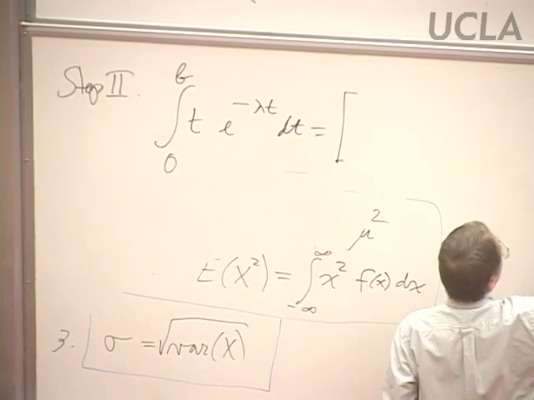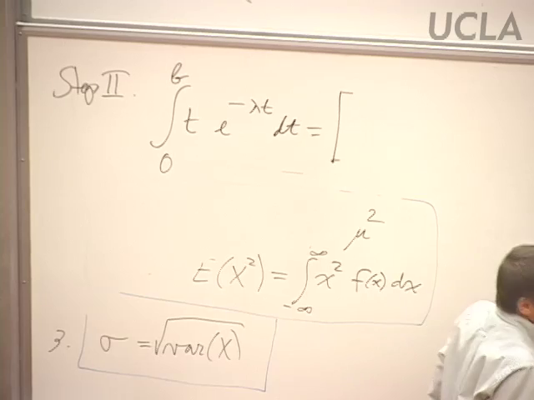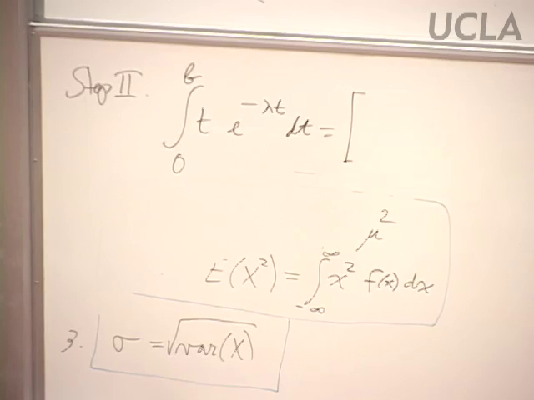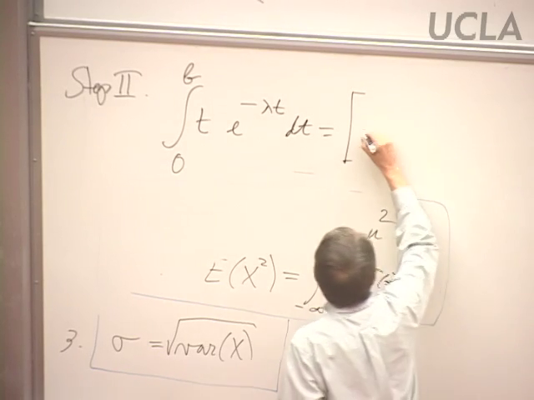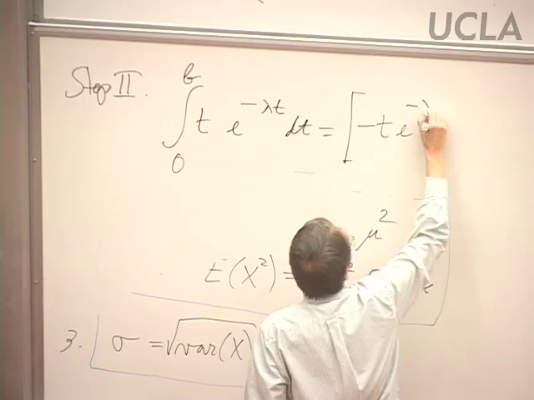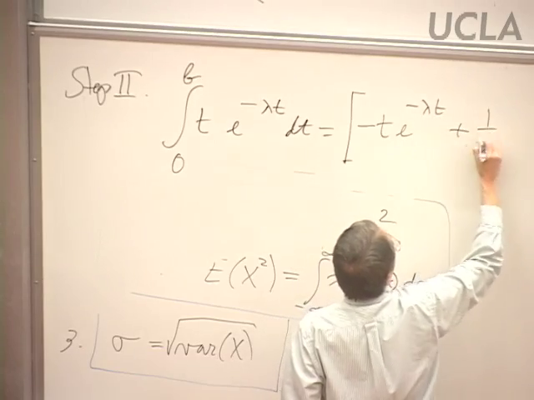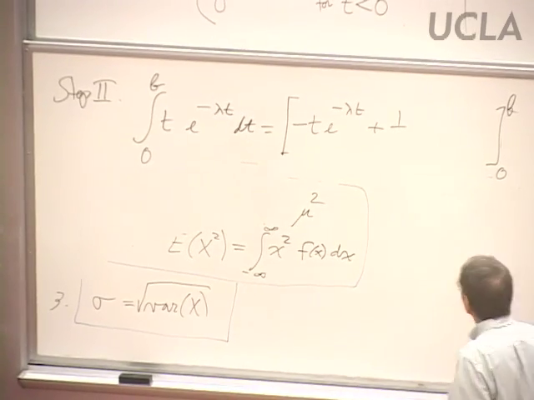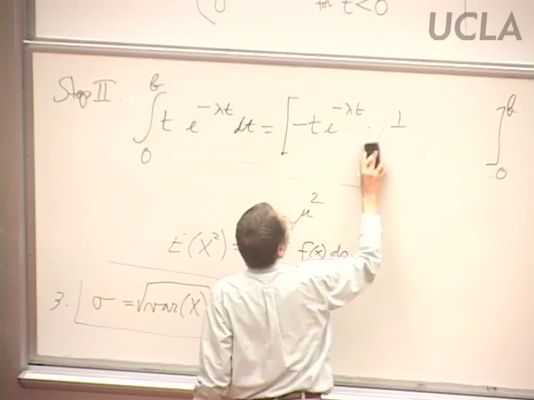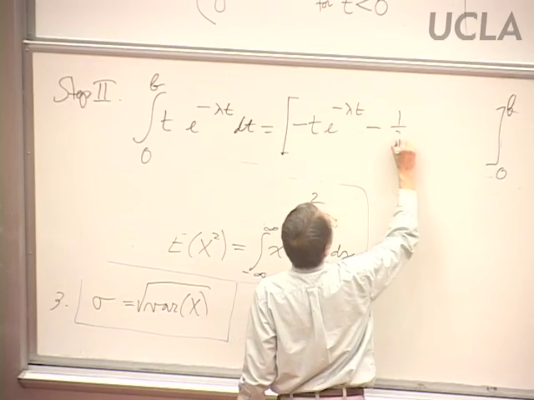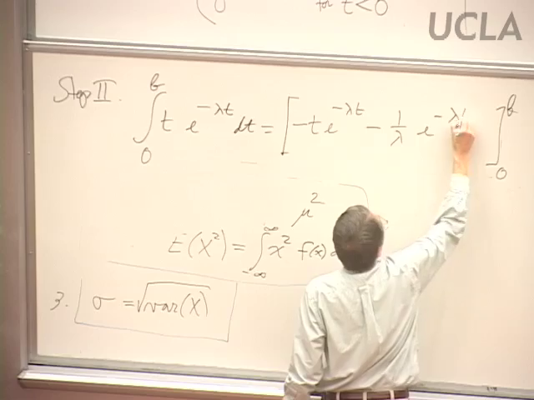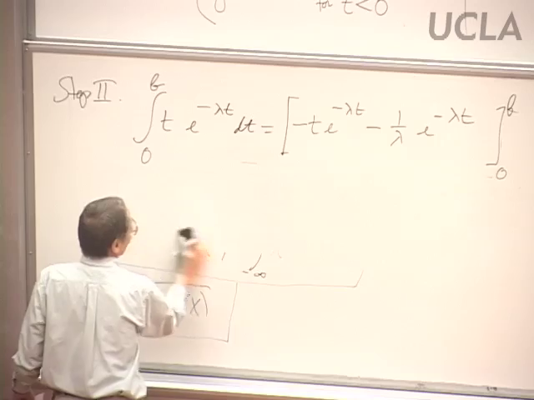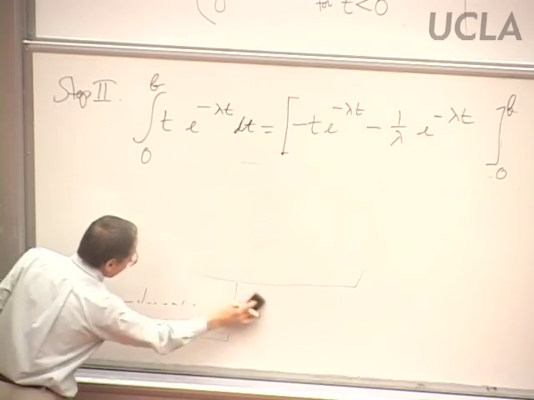Okay, so we'll take our antiderivative that we found here, which was minus t e to the minus lambda t minus 1 over lambda e to the minus lambda t. We'll take the constant to be 0.